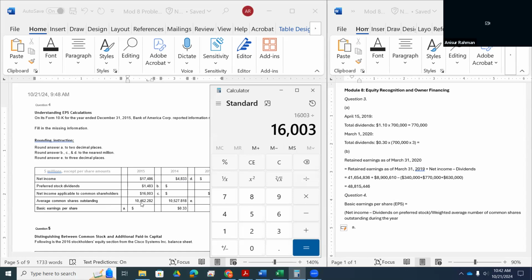So it will be 10.46282, and 1,529.59, to 2 decimal places.